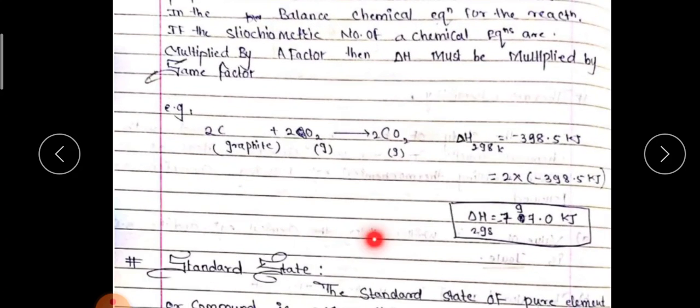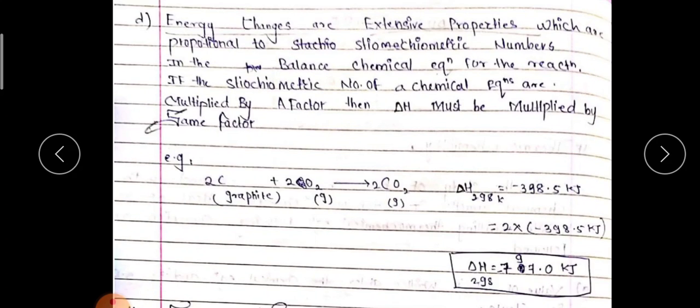Energy changes are extensive properties which are proportional to stoichiometric numbers in the balanced chemical equation for the reaction. If the stoichiometric numbers of the chemical equation are multiplied by a factor, then delta H must be multiplied by the same factor.